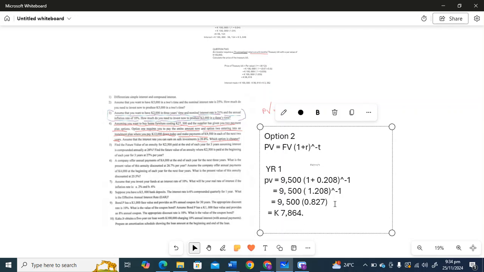And for the payment for year two, the same 9,500, but this time it's going to be to the power negative 2.